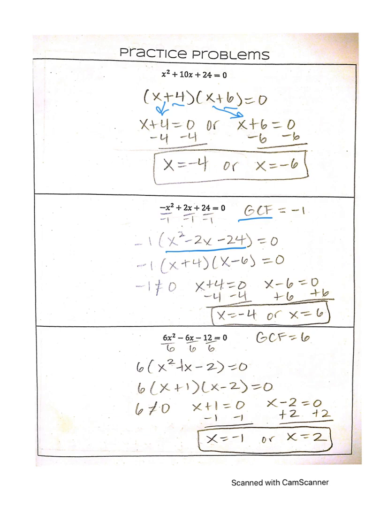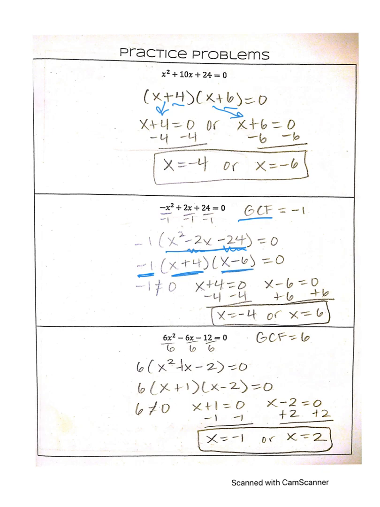So I'm looking for the factor pairs of -24 that add up to -2. It turns out when you use the factor pairs of positive 4 and -6, you'll be able to get -2x. I then applied the zero product property to all three factors: the greatest common factor, x plus 4, and x minus 6.